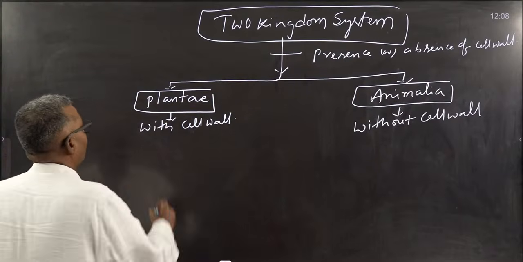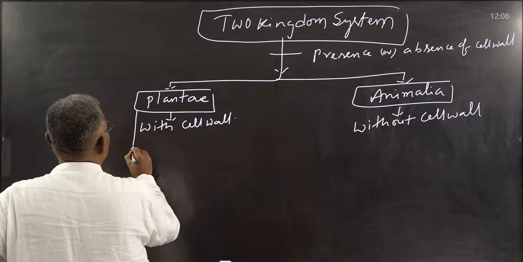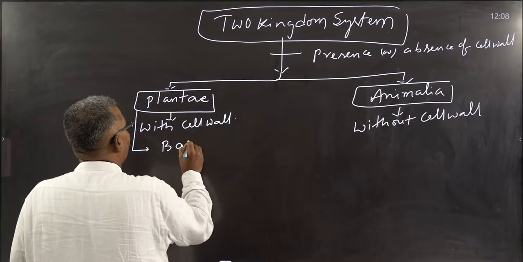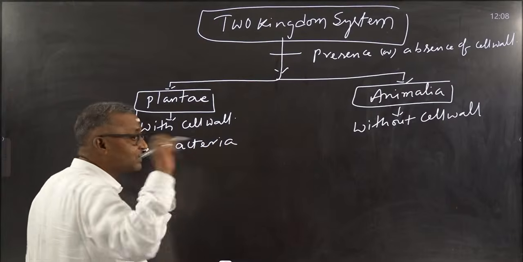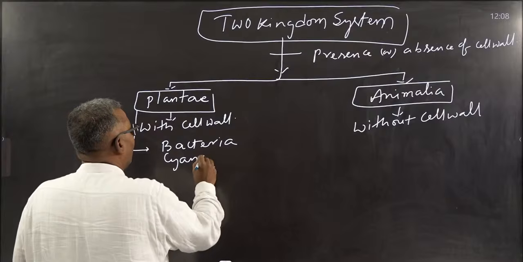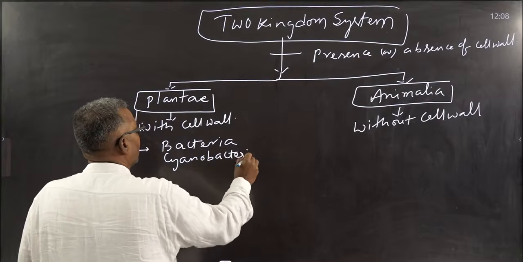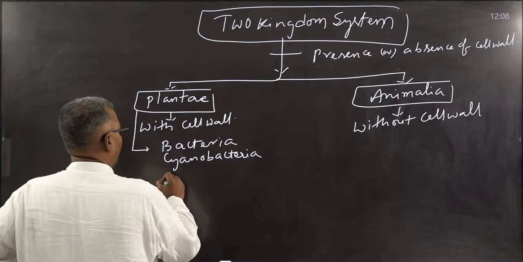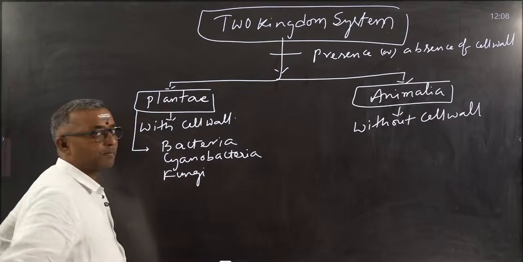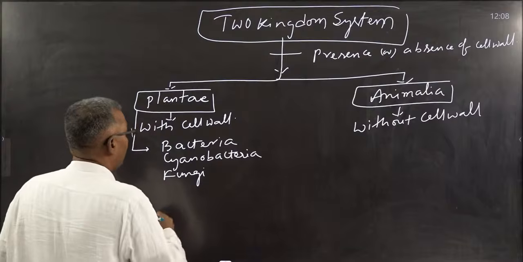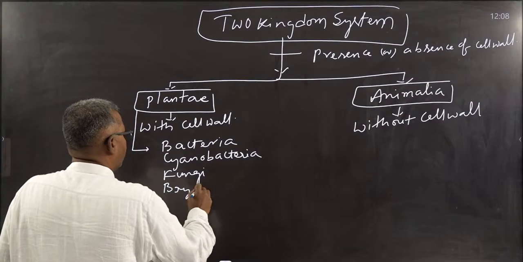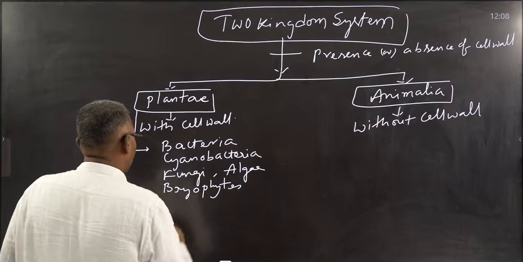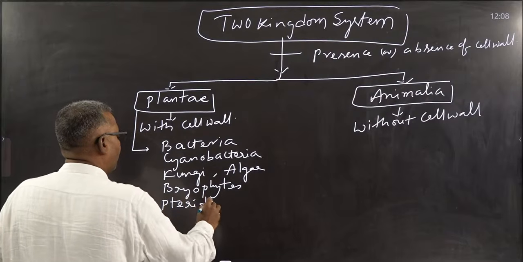Now let us take Plantae. According to him, this Plantae includes organisms like bacteria, because bacteria have cell wall, cyanobacteria, then fungi, algae, bryophytes, pteridophytes.